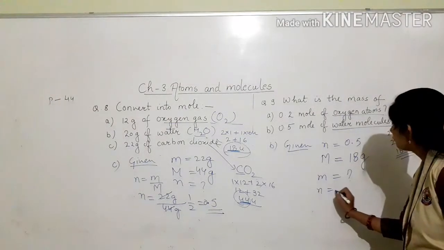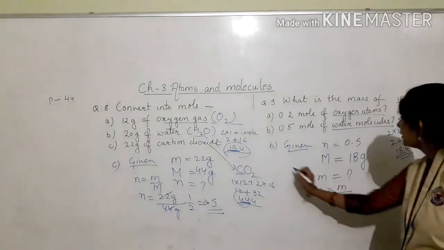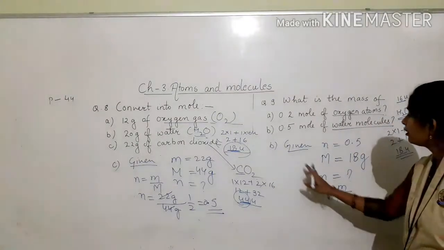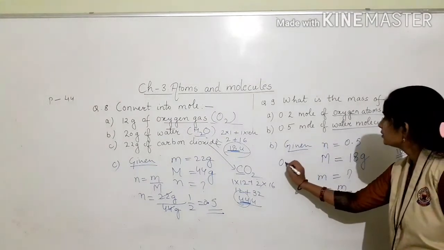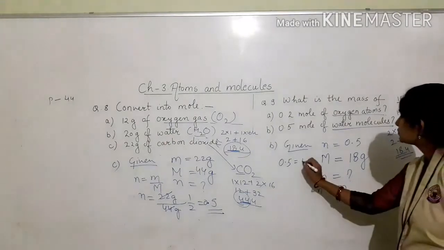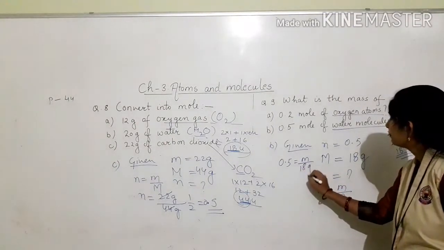So number of moles is equal to mass upon molar mass. Number of moles 0.5 is equal to mass, which we have to calculate, upon molar mass 18 gram.